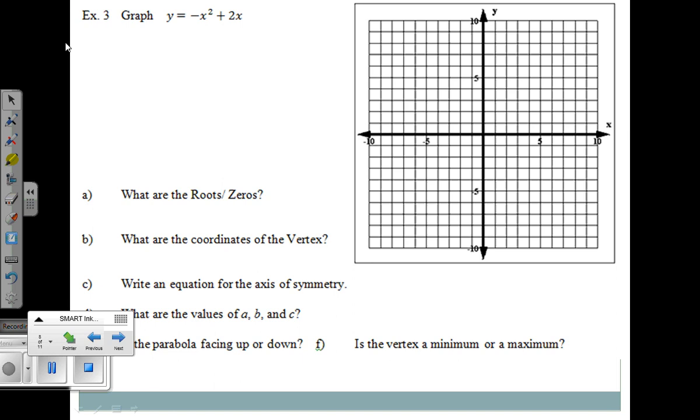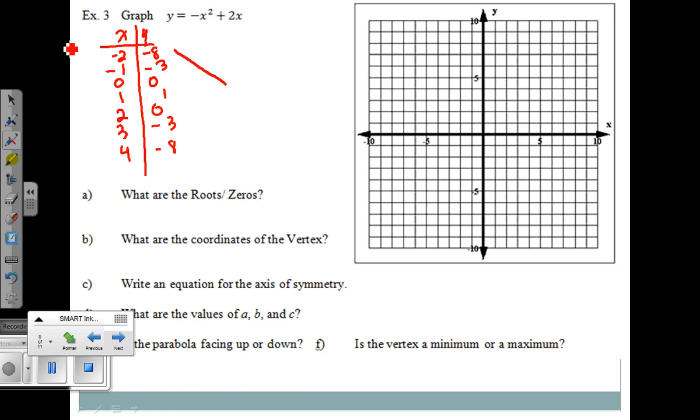So the table that we want, where our top and our bottom value match, is this. So we see we have a top and bottom value match. We can see we have our zeros and our vertex. They're easy to spot.